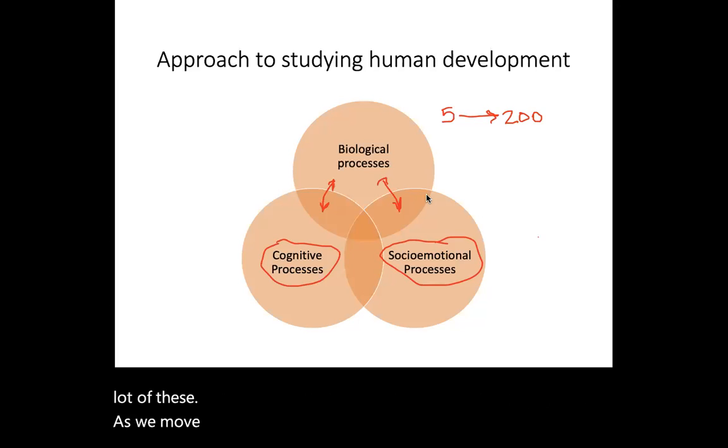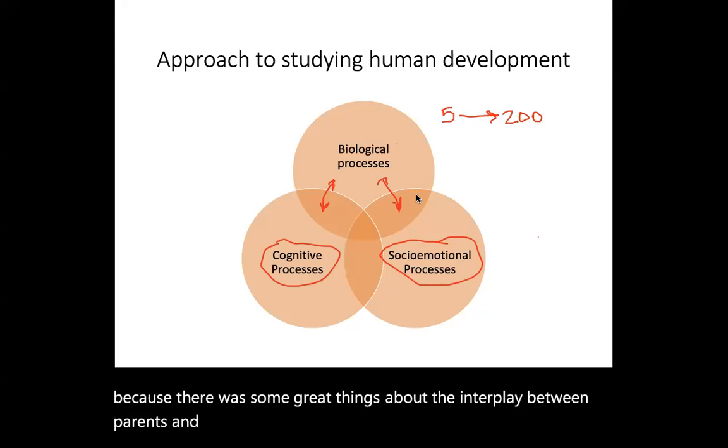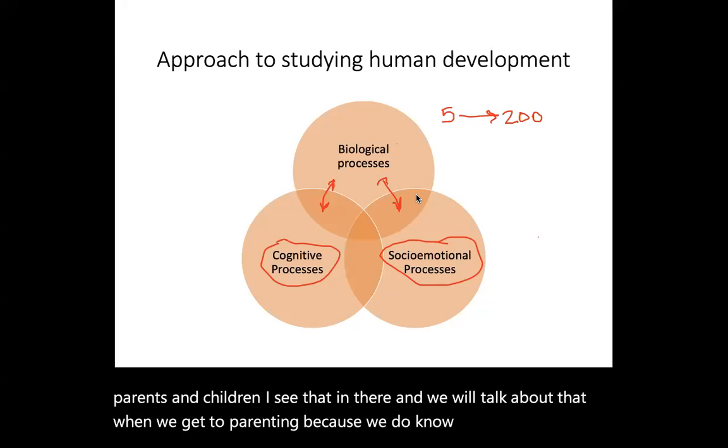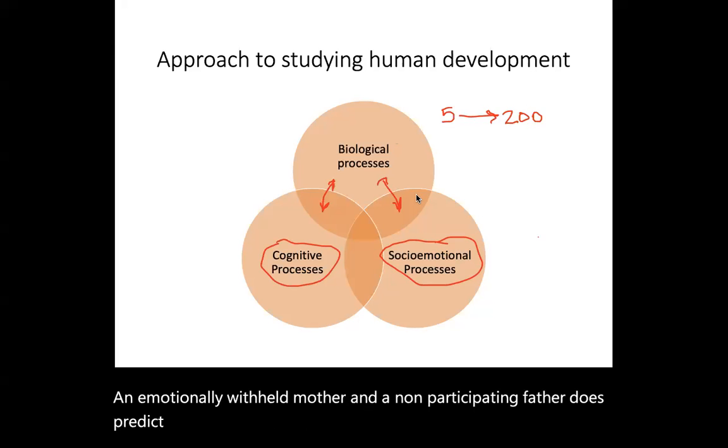And we'll talk a little bit more about puberty, because there were some great things about the interplay between parents and children. I see that in there, and we will talk about that when we get to parenting, because we do know that an emotionally withheld mother and a non-participating father does predict the age at which a female will go through puberty.